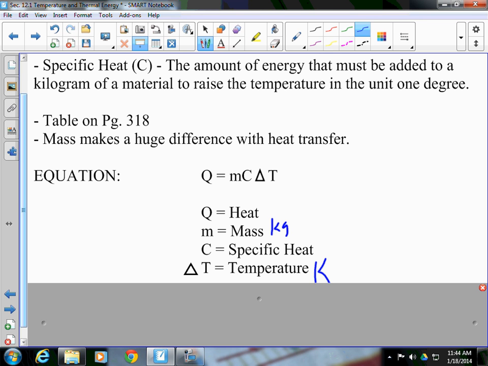Mass will be in kilograms. From chemistry, that's a little different. Usually the mass is in grams in chemistry, but in physics we typically use kilograms. So this equation, Q equals M times C times change in T, helps us find how much heat is being absorbed by any substance.